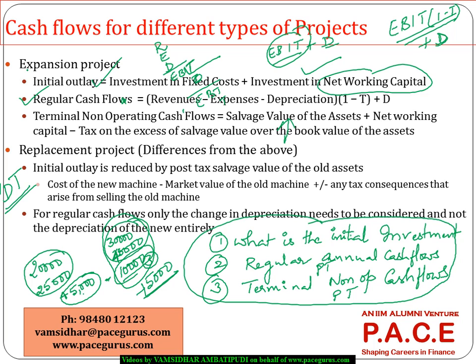So only the deltas, the incremental values of revenues and expenses, are considered when valuing a replacement project. What we should now look at is one example, for an expansion project as well as a replacement project, and try to find out the worthiness of the project using NPV as well as IRR analysis.